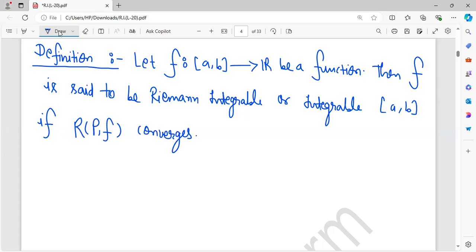If R(P, f) converges, it means it converges to some L.